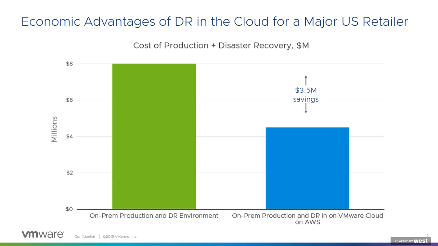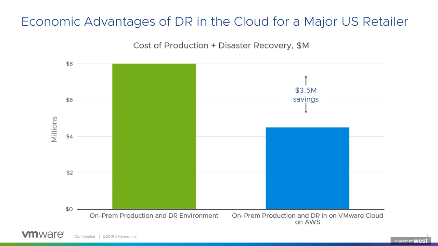And then this just talks about the savings, the economic advantage of DR. For a particular customer that has deployed Horizon 7 on-prem as well as for DR, by switching to putting the DR into VMware Cloud on AWS, they were able to save about 40%, almost 45% of the previous cost.